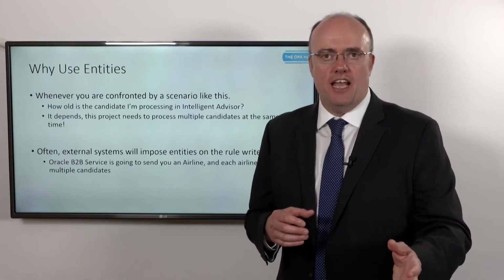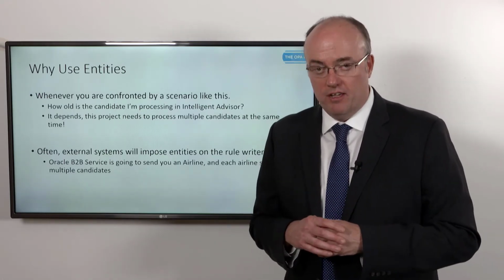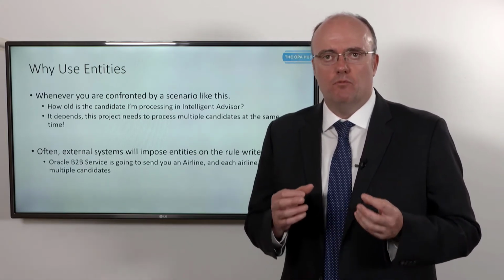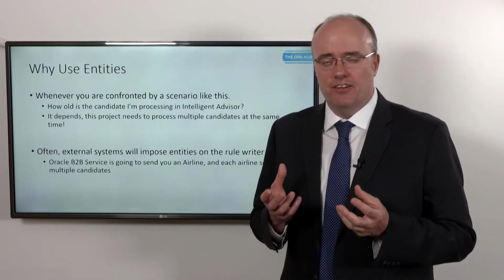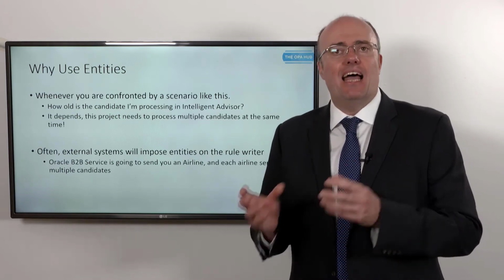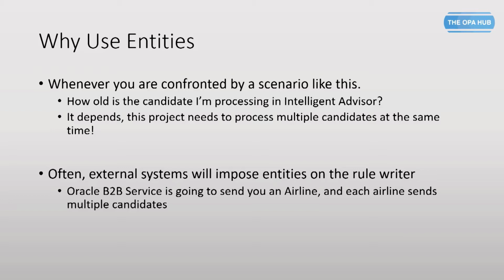So your first candidate is 21, second candidate is 50, third candidate is 45. Clearly, we can't do that without thinking about how to model the concept of a candidate so that each candidate can have its own age. And as I mentioned earlier, this is often imposed upon us because another system has already done that modeling.